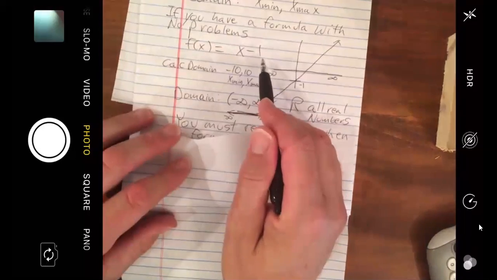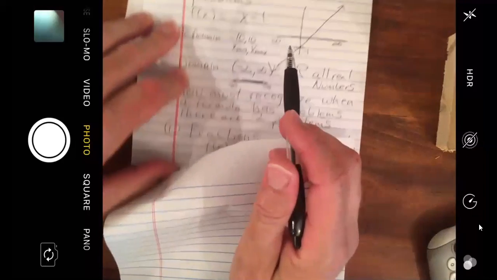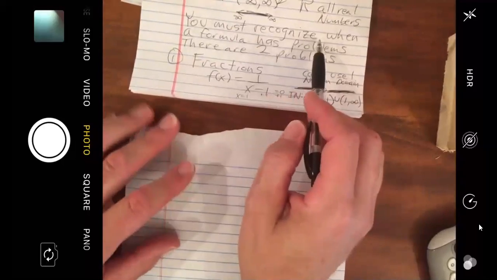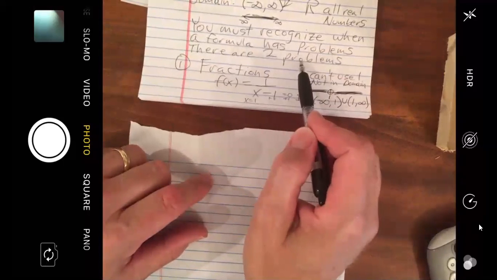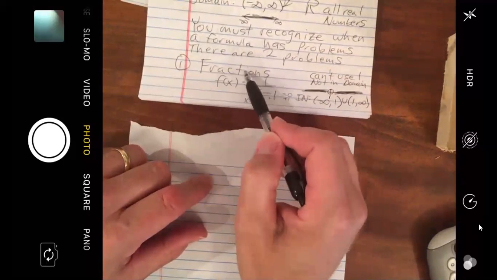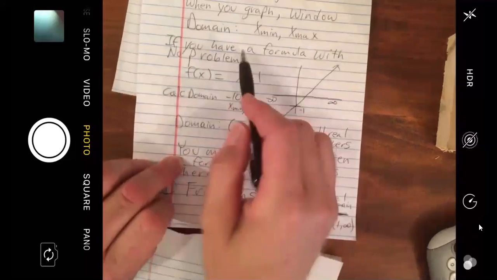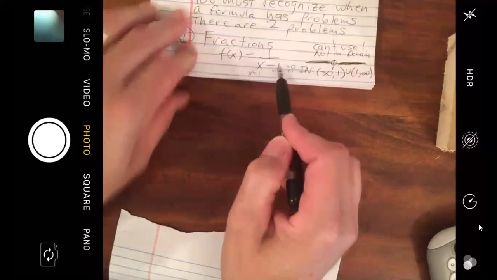You have no problems. So what are your problems? There's really two of them. So you must recognize when a formula has problems. And there are two problems. First one's fractions. Stick the same formula on the bottom of a fraction.